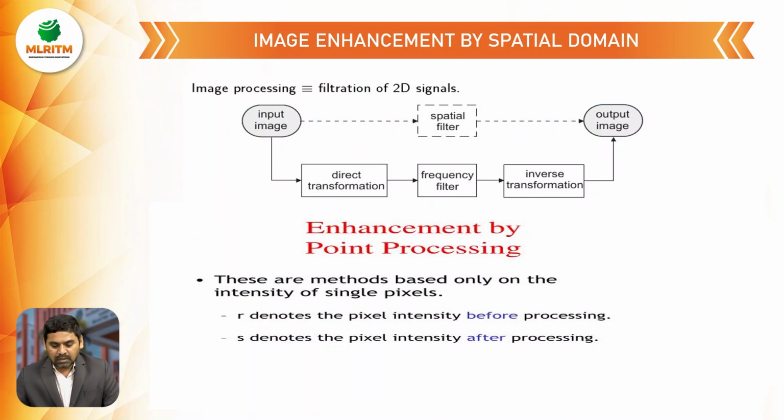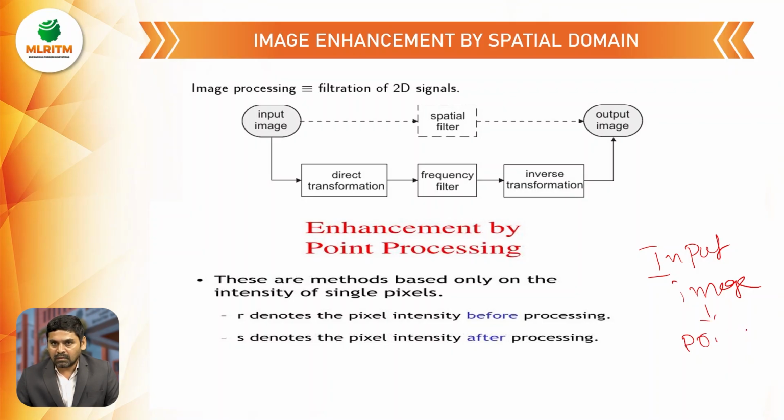Image processing is filtering of 2D signals, having an input image and an output image. The input image is processed point-wise, that is pixel-wise.